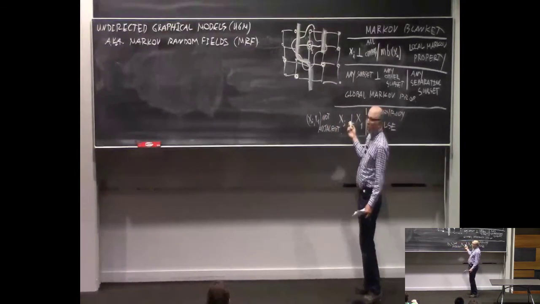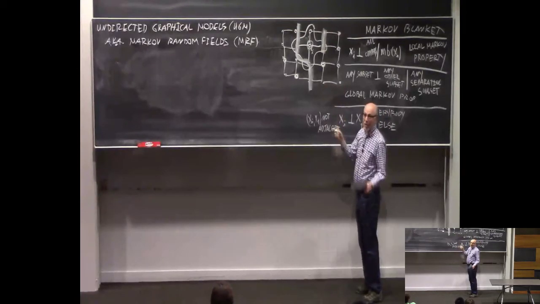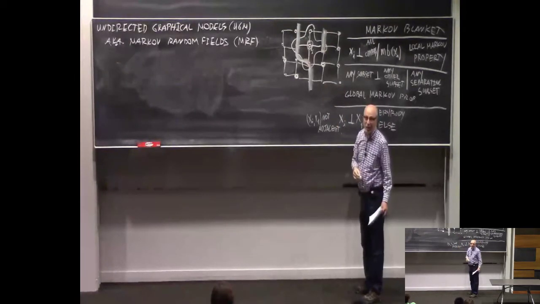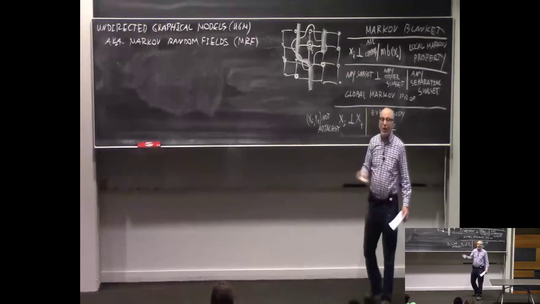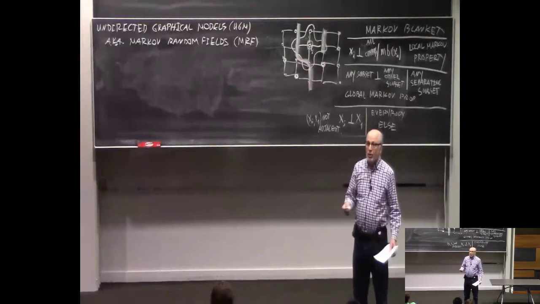So this property does not apply to two that are connected to one another. But as long as they're not directly connected with a single edge, if you fix the values of everybody else, the two become independent.